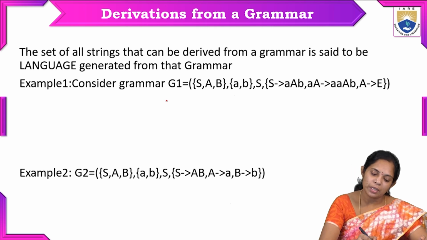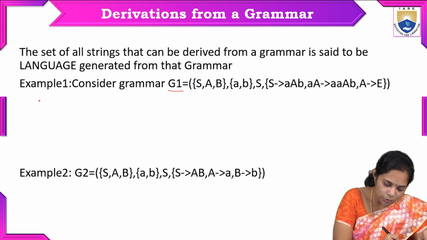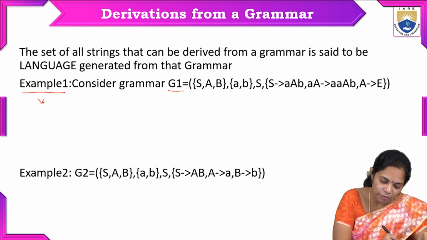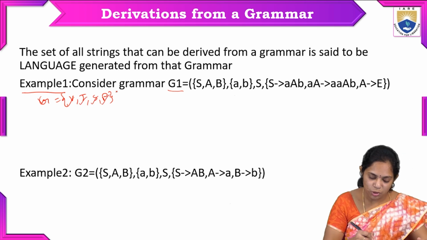So here we are taking one grammar, with V equal to, for the given grammar example. We have to write the grammar as a 4-tuple: V, T, S, P. V is the non-terminal set, T is the terminal set, S is the starting symbol, and P is the production rules.